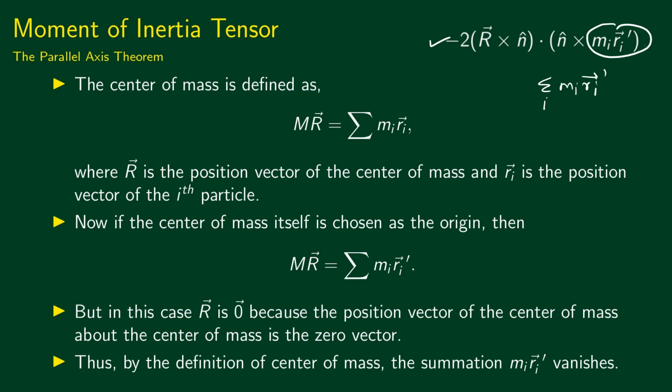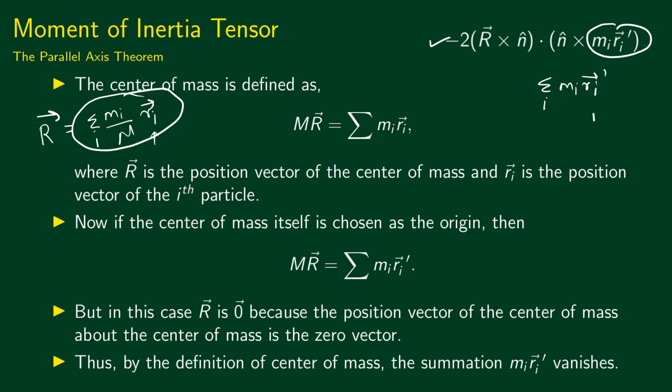Let's now go back to the definition for the center of mass. The position vector of the center of mass is defined as capital R vector equal to the sum over i of mi divided by capital M multiplied by Ri vector. Here Ri vector is the position vector of the ith particle. So this is basically a weighted vector sum of the position vectors of all the particles.